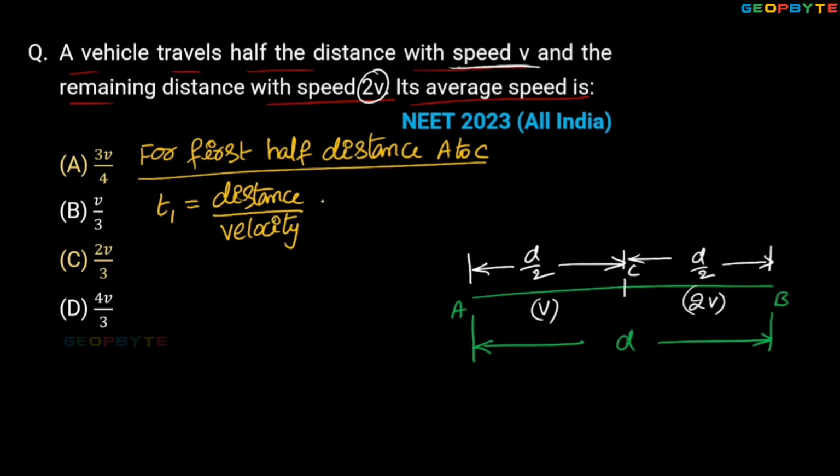Distance traveled is half of the distance, that is d by 2. With what speed? v. That is the time required for covering the distance AC.